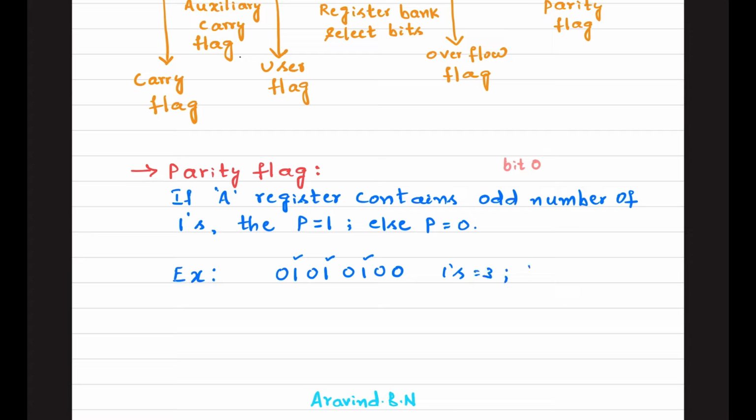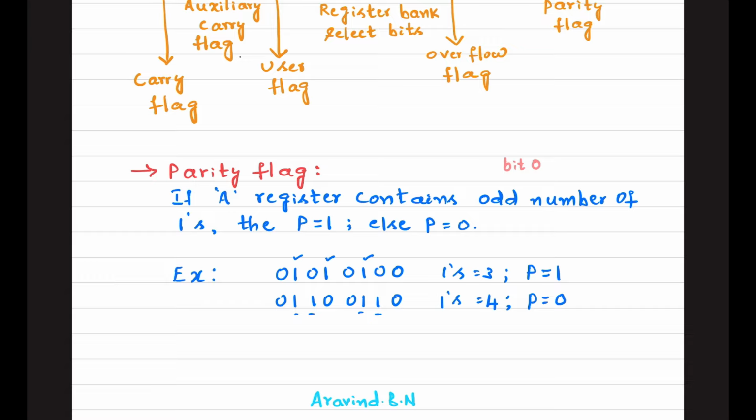Therefore, in this case, the parity flag will be set equal to 1. Consider one more example: 0, 1, 1, 0, 0, 1, 1, 0. In this case, we can observe there are 4 ones. So the number of ones is equal to 4. It is an even value. Therefore, in this case, the parity flag will be set equal to 0.